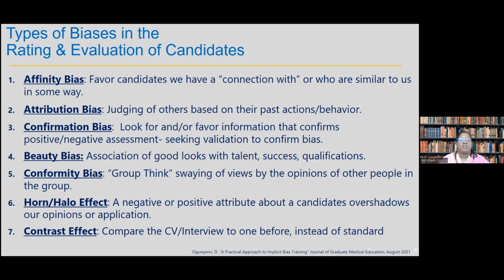So essentially, if we form a negative or a positive attribute about a candidate, that may overshadow the entire perspective without really looking at the candidate independently and objectively, not getting stuck in one particular area, because we understand that negative or positive attribute may have come from a point of bias. And we want to make sure that we are objective once again, and that we discuss points that come up in an application that need to be discussed, but they don't necessarily overshadow the entire candidate's application.